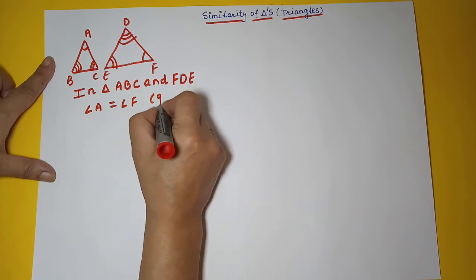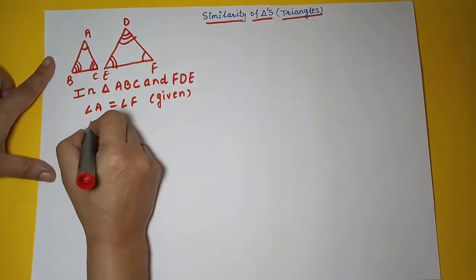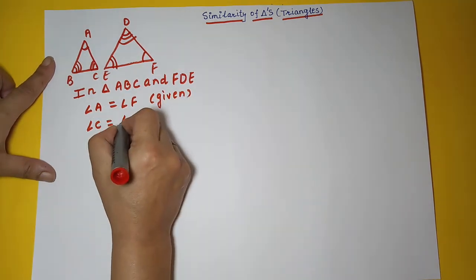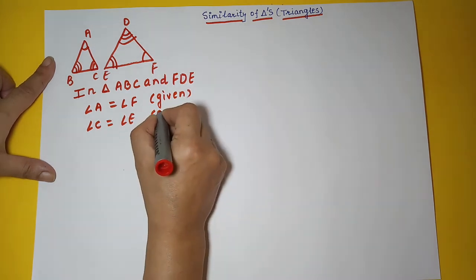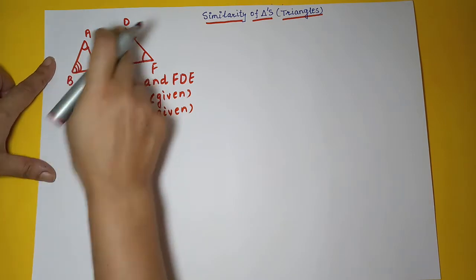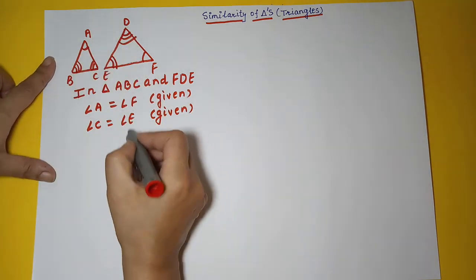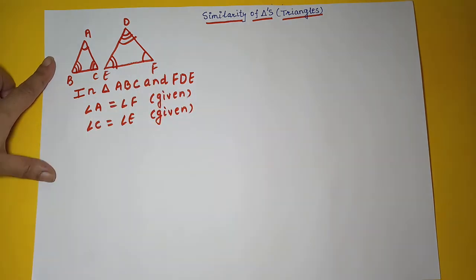You have to give reason. Here it is given, right? And angle C is equal to angle E. Again it is given. Now you don't need to write angle B equal to angle D, because in any two triangles, if two angles are equal, automatically the third angle is equal.